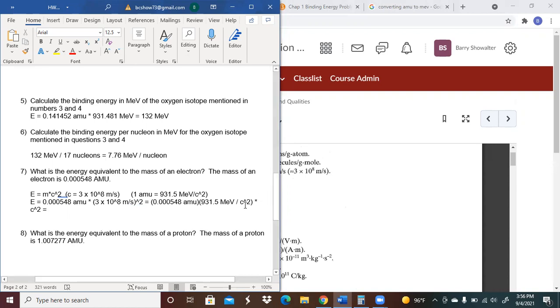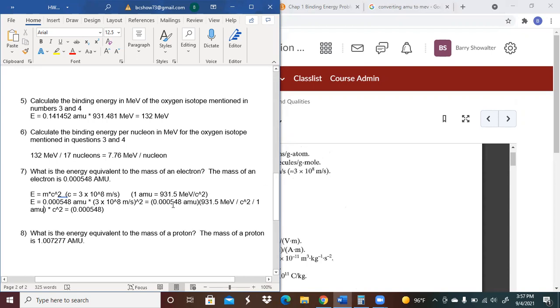What that does is cancel out the C squareds. I don't have to worry about that anymore. So I've got 0.000548, and the AMU cancels out here because technically this is a conversion unit. If I take both sides and divide by 1 AMU, I get 1 is equal to 931.5 divided by 1 AMU.